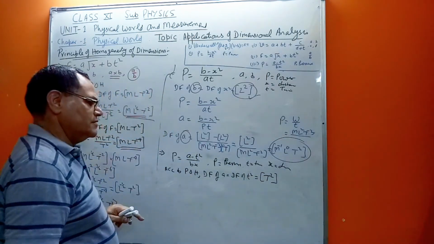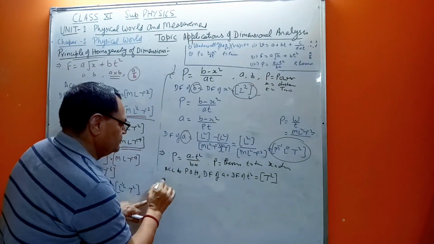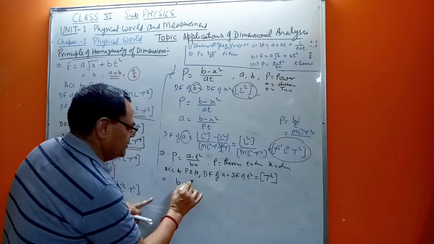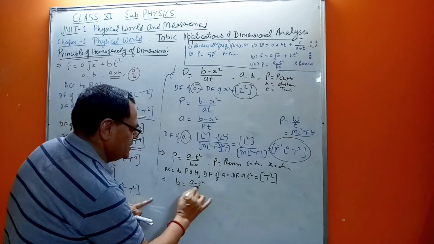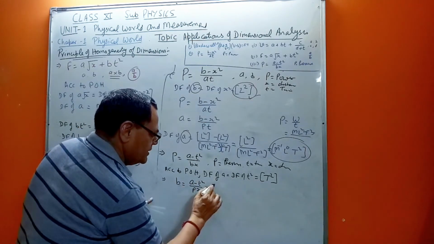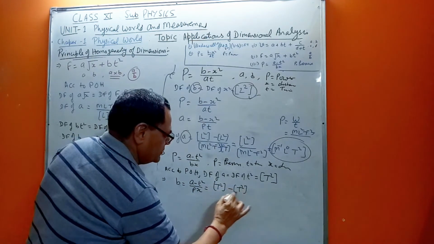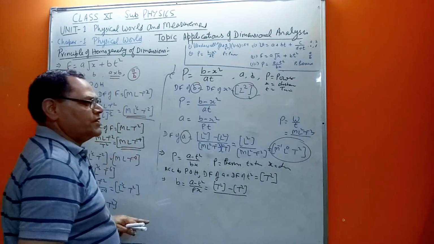This is one answer. Now we need to find B. From this equation you can say B will be equal to A minus T square upon P into X. Now A you got as T square, and here is also T square, and P is the pressure.